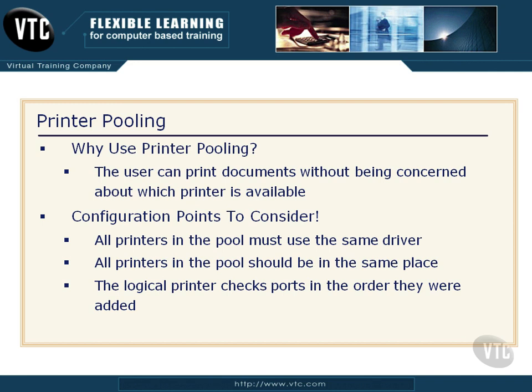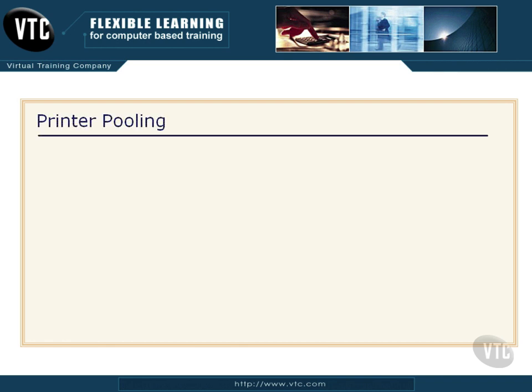When I show you the enabling printer pooling in that video, I'll show you this step right here about the order in which you check the ports. Now you want to make sure that you place the fastest printer on the first port added.